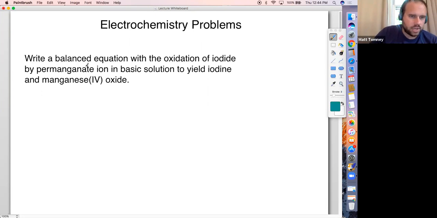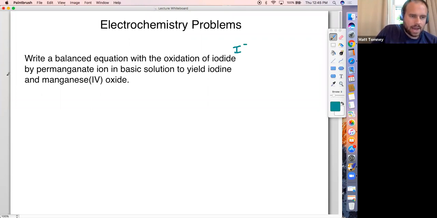You have to work through the acidic medium content, and then neutralize any acid content with hydroxide. Those are the steps that we're going to look at. So here's the problem. Write a balanced equation with the oxidation of iodide, that's I minus, with the permanganate ion.